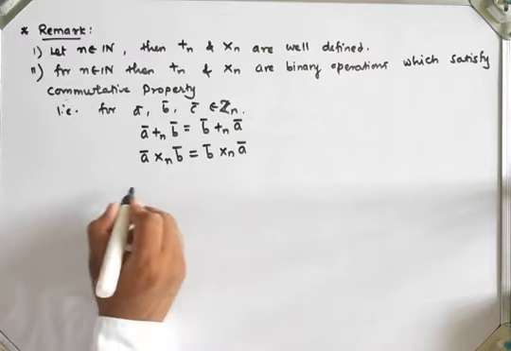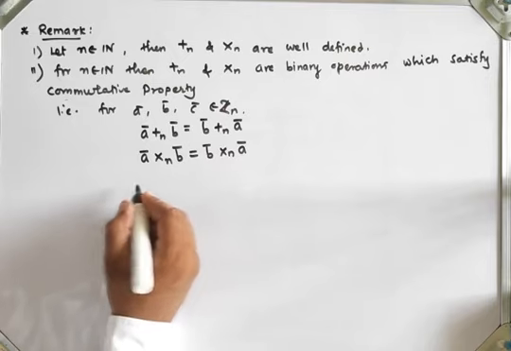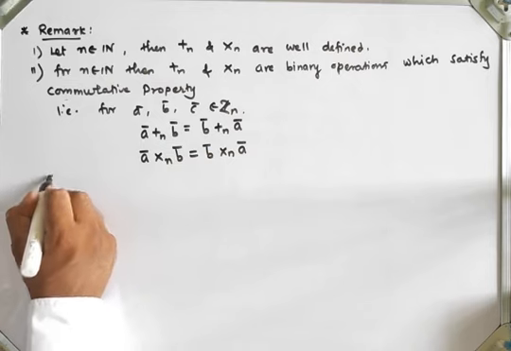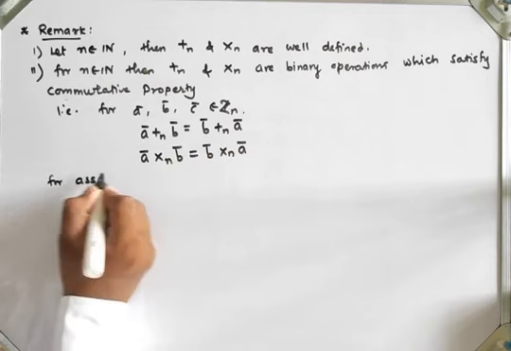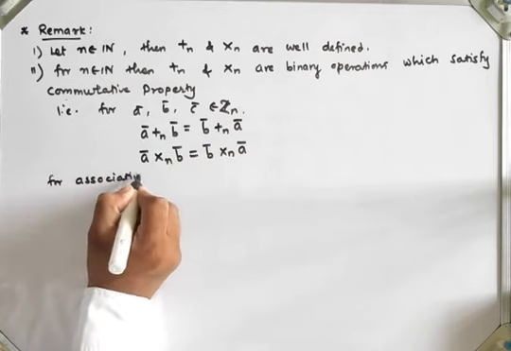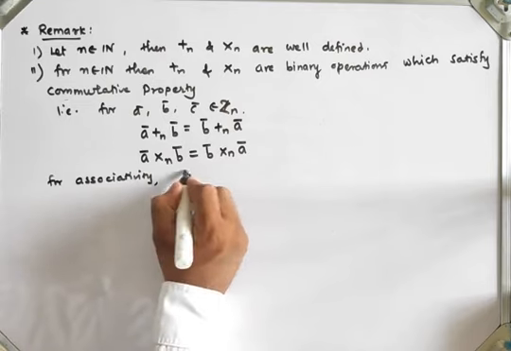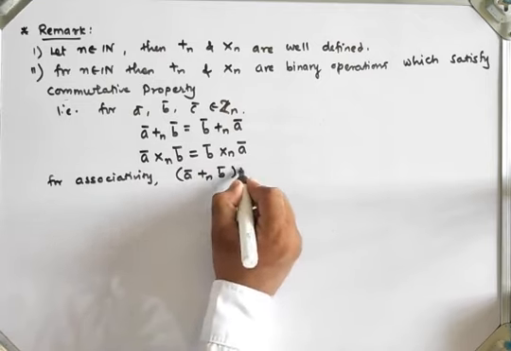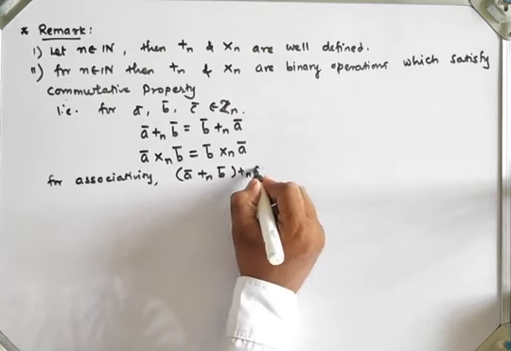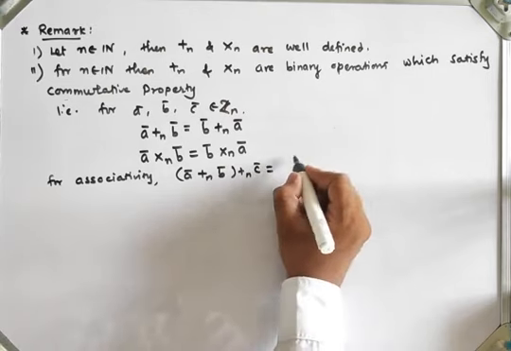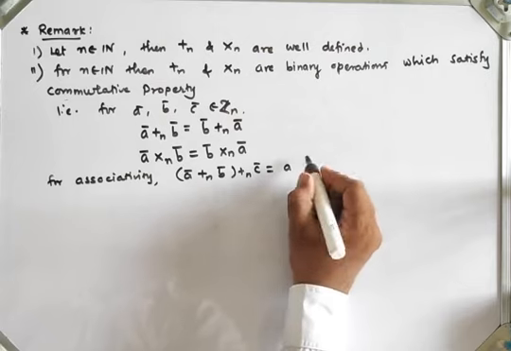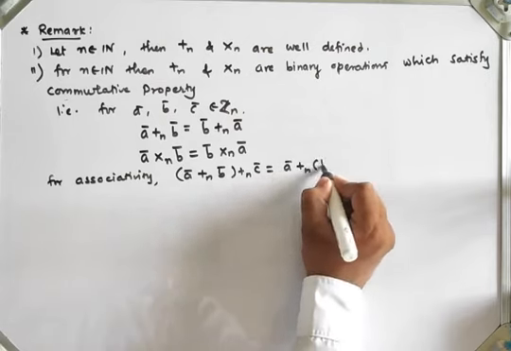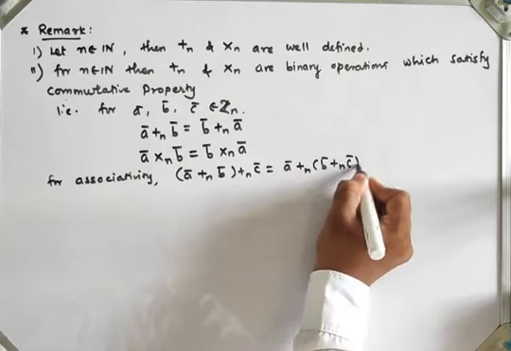Now for the associative property, what will we get? For the associative property we have three elements. So for associativity we get a bar addition modulo n (b bar addition modulo n c bar) is equal to (a bar addition modulo n b bar) addition modulo n c bar.